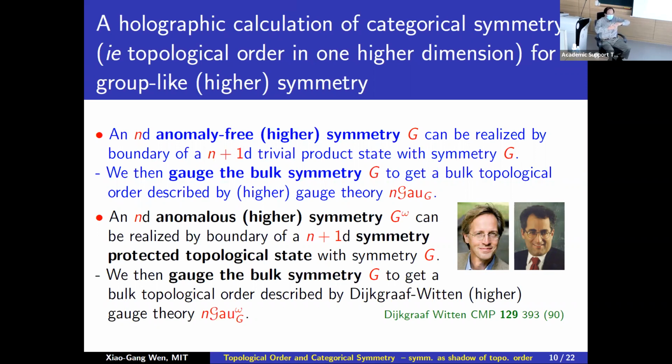However, when you view the anomalous symmetry as a boundary of an SPT state with the symmetry, this symmetry in one higher dimension is an on-site symmetry and can be gauged. So we gauge the symmetry in one higher dimension, and because of the SPT order, the higher dimensional theory is a Dijkgraaf-Witten theory with a cocycle twist. So even anomalous symmetry can be understood this way.